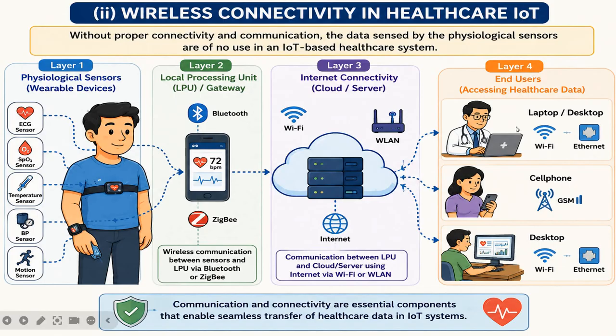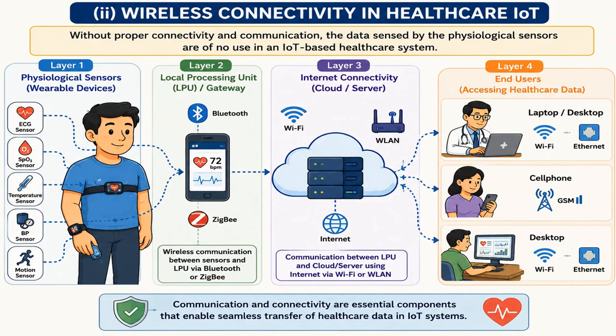So here you can see a healthcare professional and a patient, and the professional is accessing the patient's data through various devices, including laptops, desktops, smartphones, and tablets, and different communication technologies such as Wi-Fi and Ethernet.